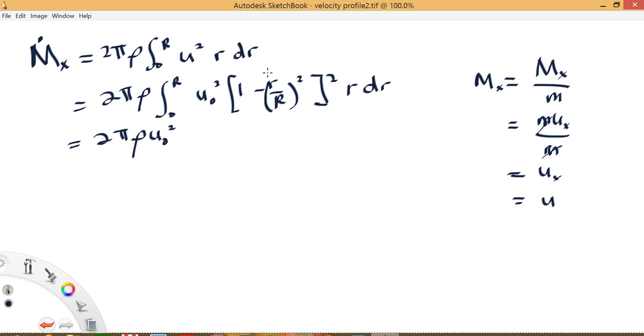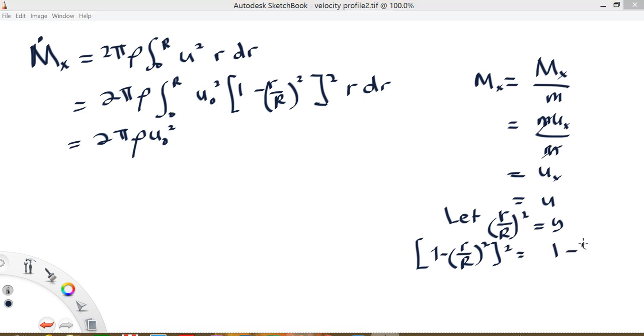How do you integrate this? You must simplify it first. Let r over R square equal to y. So 1 minus r over R square, squared, is equal to 1 minus y, squared. Sorry, it's not square. So 1 minus 2y plus y square.